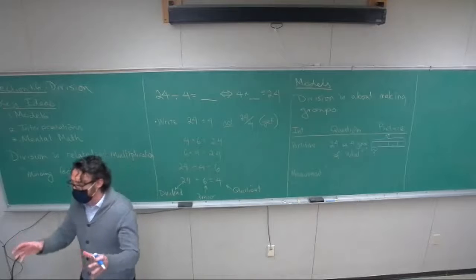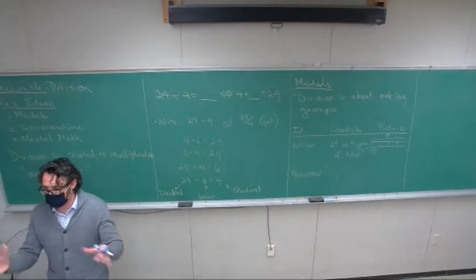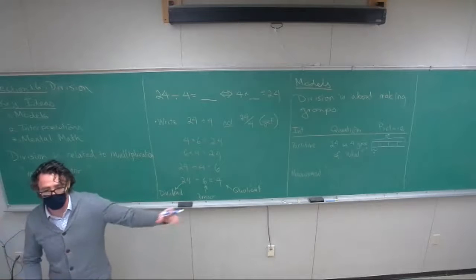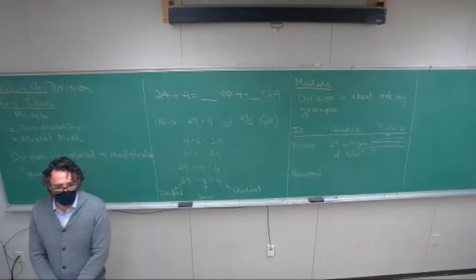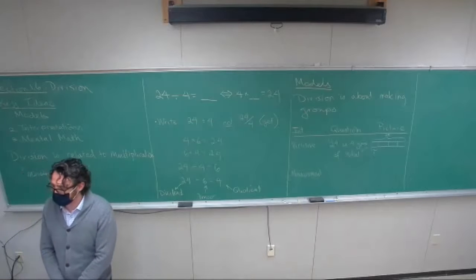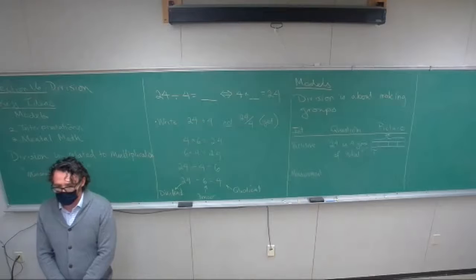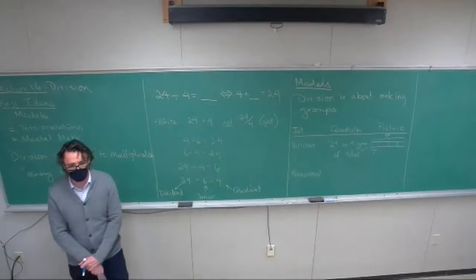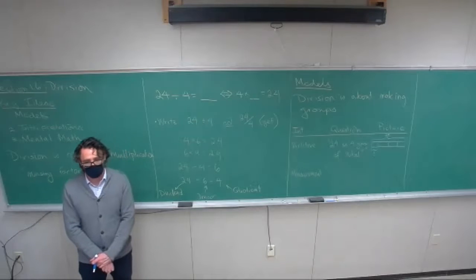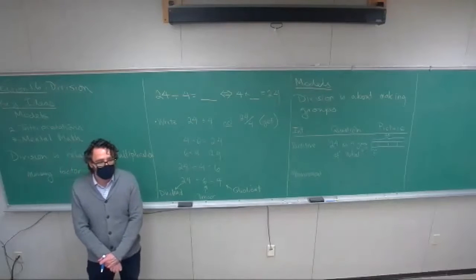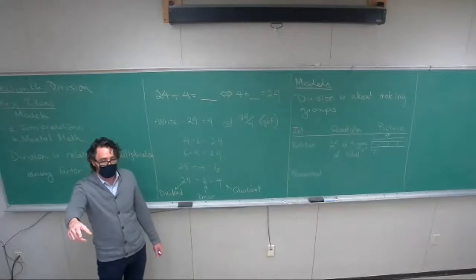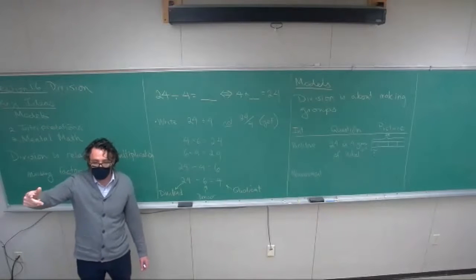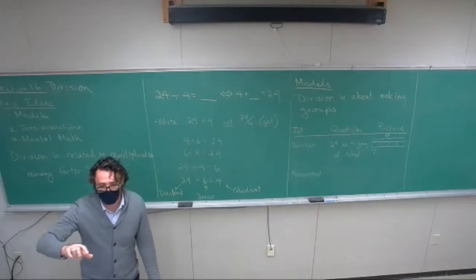I could tell you how many groups I'm breaking it up into, and then ask you how big the groups are. That's the partitive model. What's the other way? Switch it. What times 4 equals 24? Okay, right, and now you're thinking about the division as the reverse of multiplication, that's true.